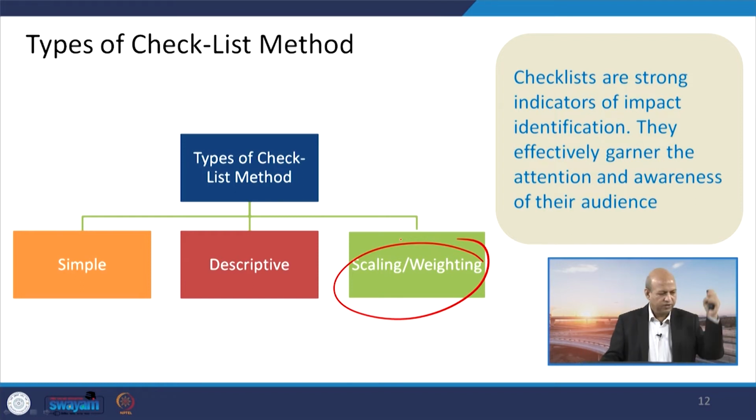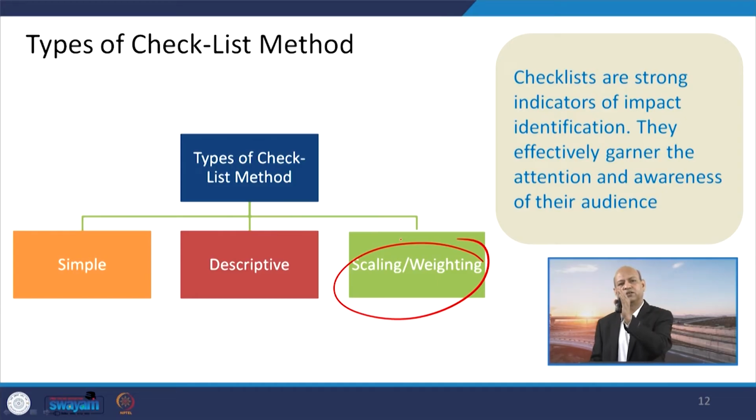Very simple, you just list the activities and you get opinion yes, no something like that. Or descriptive, where you describe those activities a little bit more, so rather than air quality you can write NOx level, SOx level, particulate matter, that way further classification can be done. So, that can be descriptive.